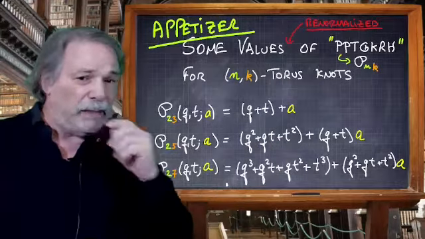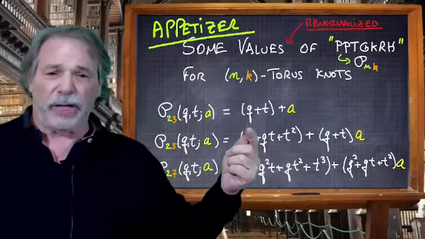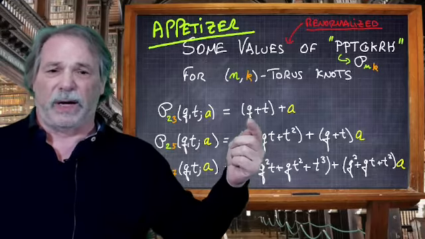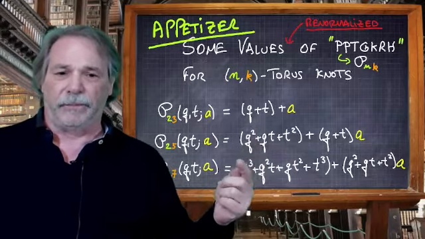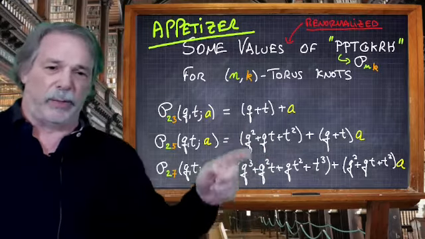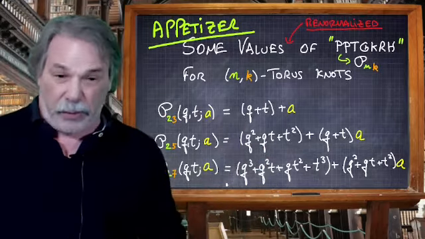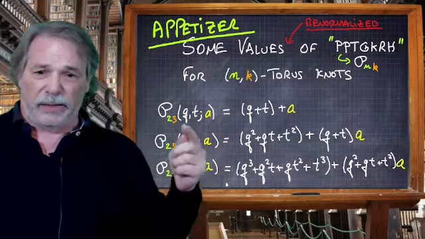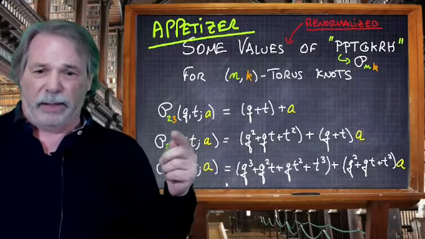Now, it's been conjectured and shown recently that these polynomials are symmetric in QT. So if you exchange the role of Q and T, you're supposed to see the same expressions. So that's the trefoil.